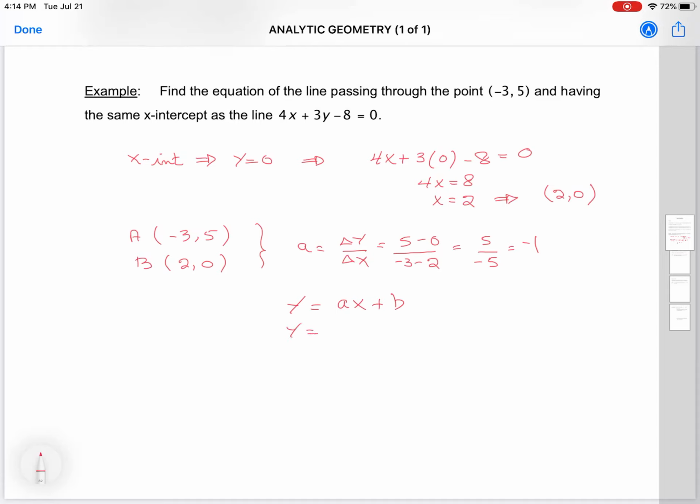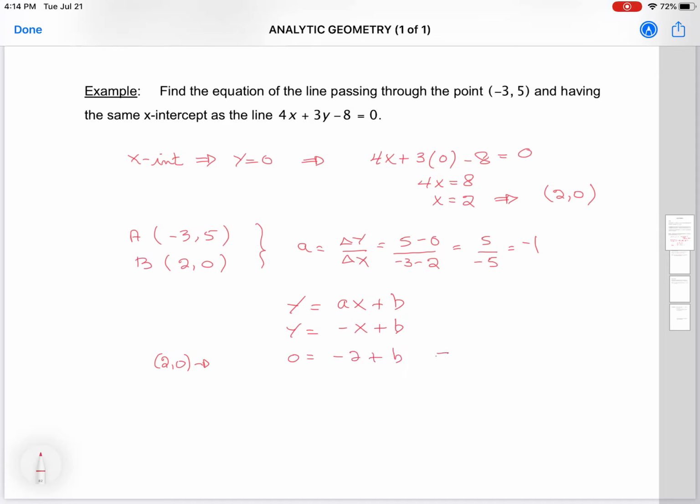Meaning that y equals ax plus b, the general equation of a line, can now be written as y is equal to minus 1 x plus b. All we need is to find the y-intercept, so that's easy. You put in one of the 2 points, say the second one, (2, 0).